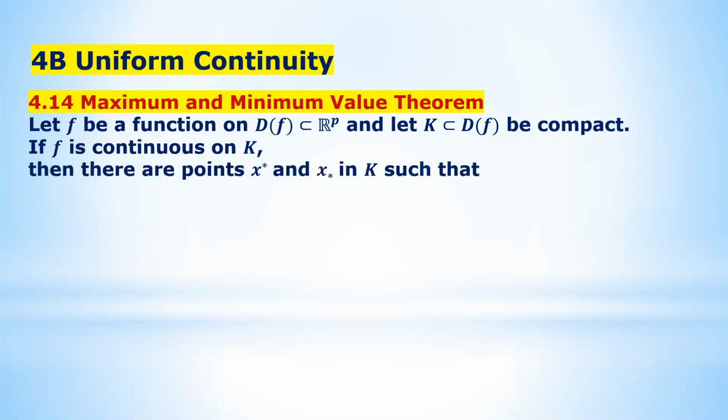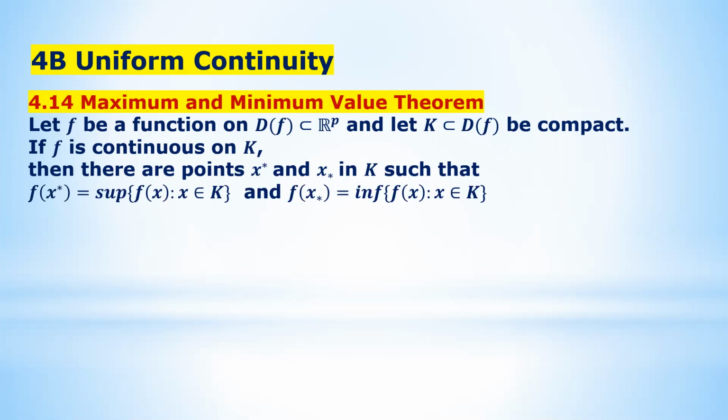There must be points x upper star and x lower star in K. What does this mean? There must be two special points in K such that at these two points, f achieves its maximum at the upper star and its minimum at the lower star.